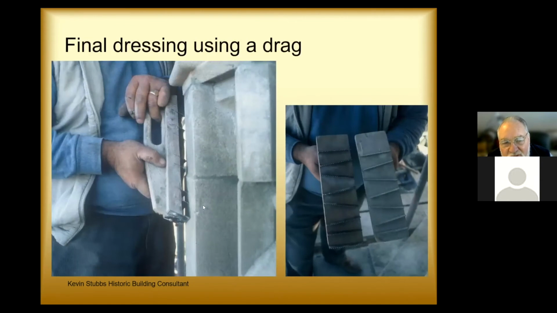And here you can see the final dressing is done by a drag, which is basically rather like a carpenter's plane with multiple blades that are serrated. And you basically can rasp off and you can humour the higher stone into the lower one to get a better fit for your stonework.